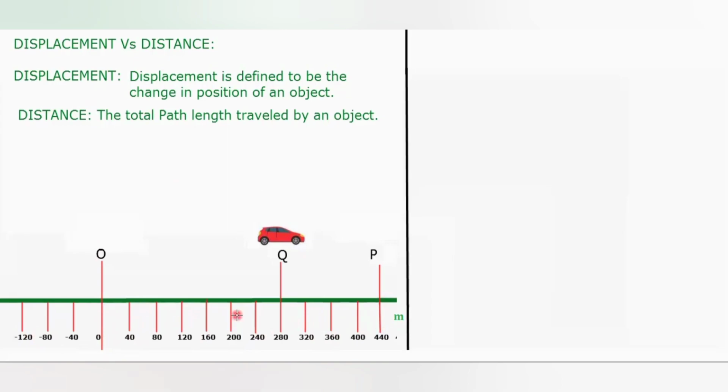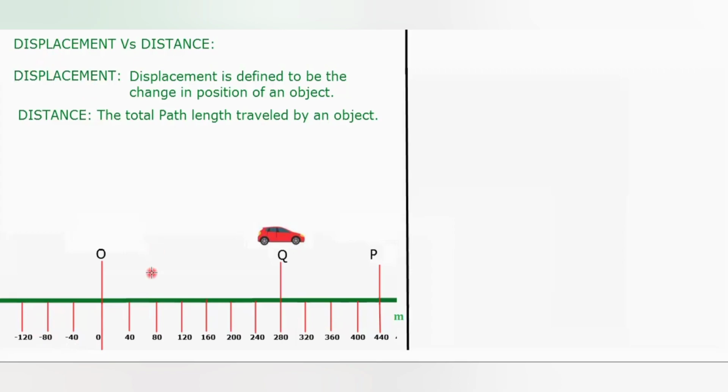Towards the positive x-axis, we can consider in terms of meter or in terms of positive distance. Towards the left side, we consider as the negative distance, okay, for the displacement purpose.